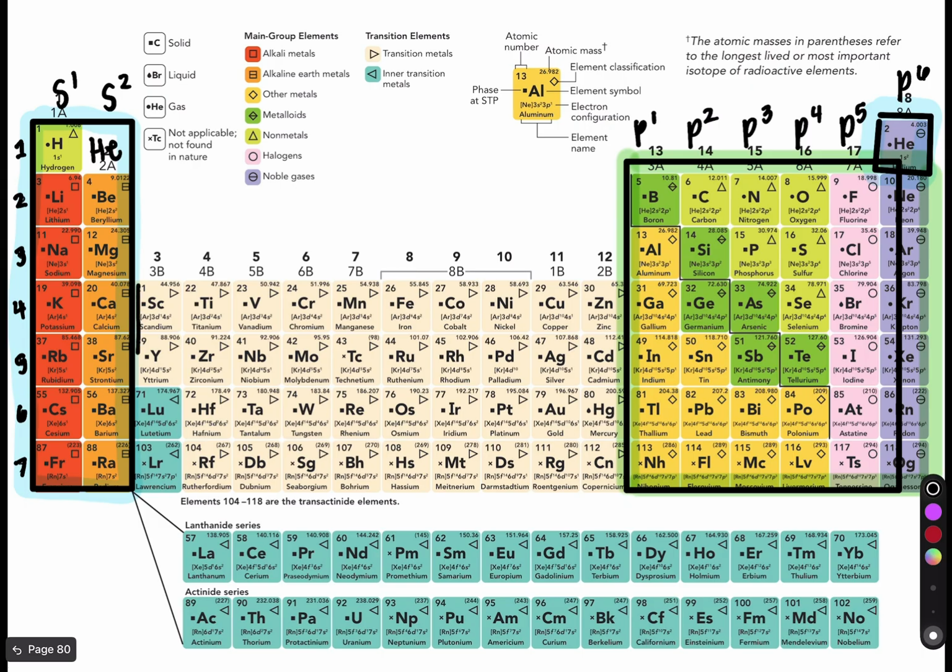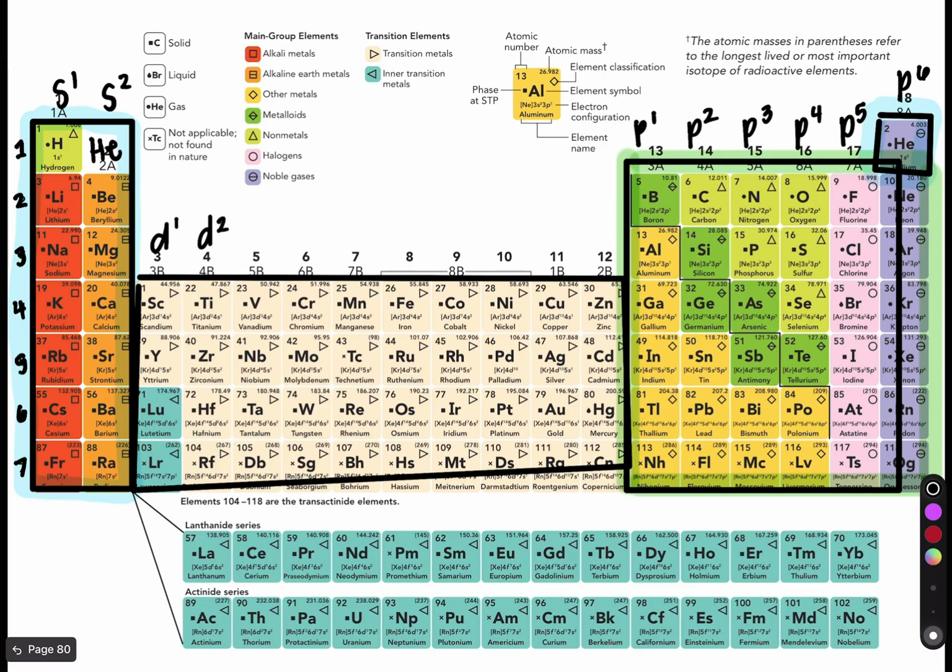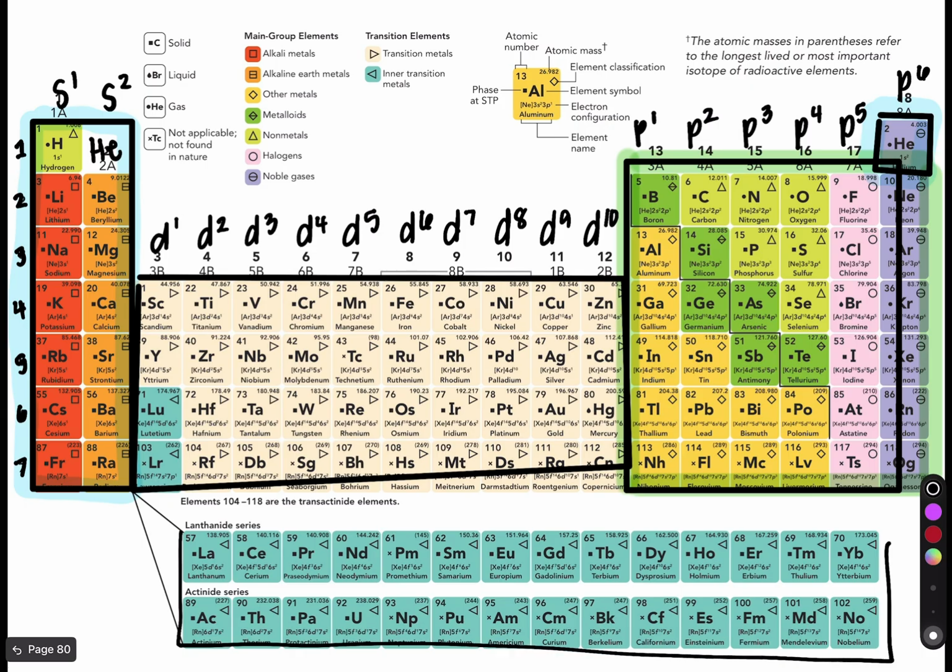Now my middle block of the periodic table is called the D block. Elements that live in the D block end in either D1, D2, D3, so on and so forth, all the way up to D10. And then my last block is the F block.